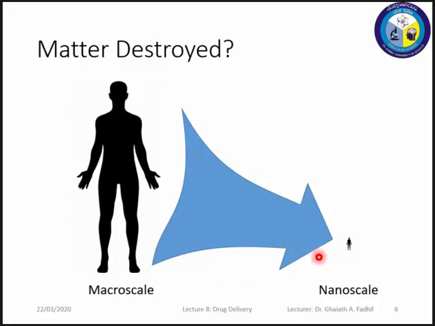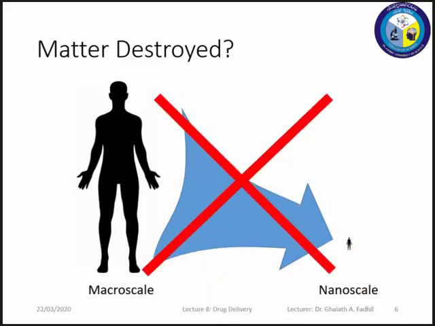This process would involve destroying atoms or shrinking atoms to be closer to each other, but even with that we can't get to this possibility. That's why shrinking humans to the nanoscale is not possible.